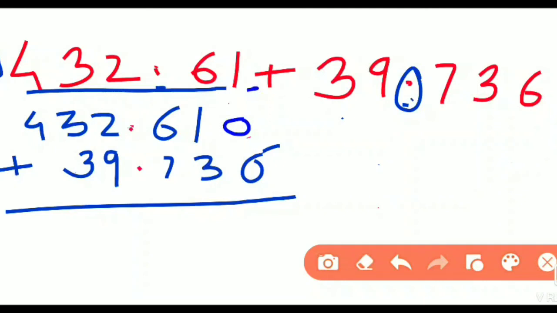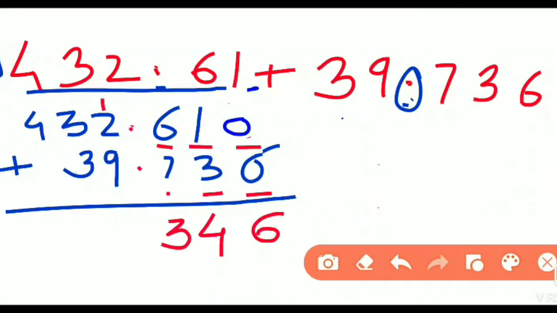So here 0 plus 6 is equal to 6. 3 plus 1 is equal to 4. 6 plus 7 is equal to how much? 13. So 3 is here and 1 I will carry to the next place. Now here 2 plus 1 is 3. 3 plus 9 is equal to 12.